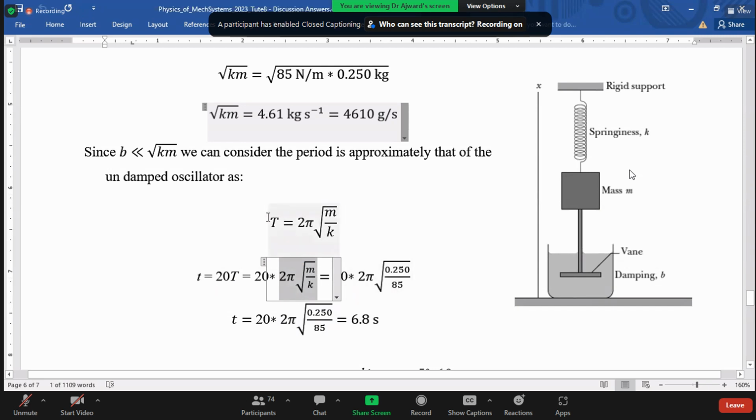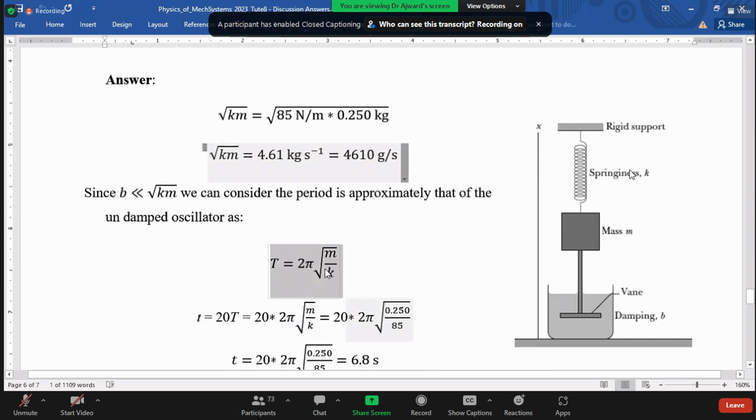We can use this as the period, even though it is a damped oscillator, because b is much less than the square root of km. If that is the case, you can write the period with the same equation as the undamped oscillator.